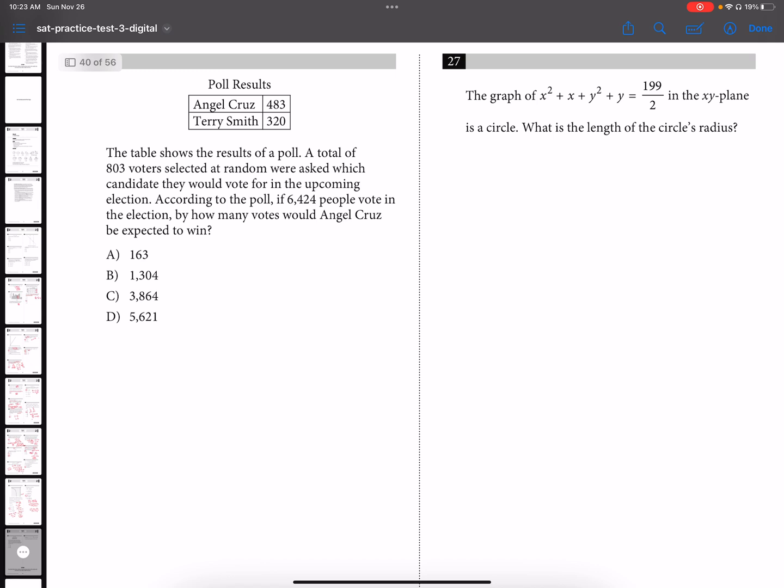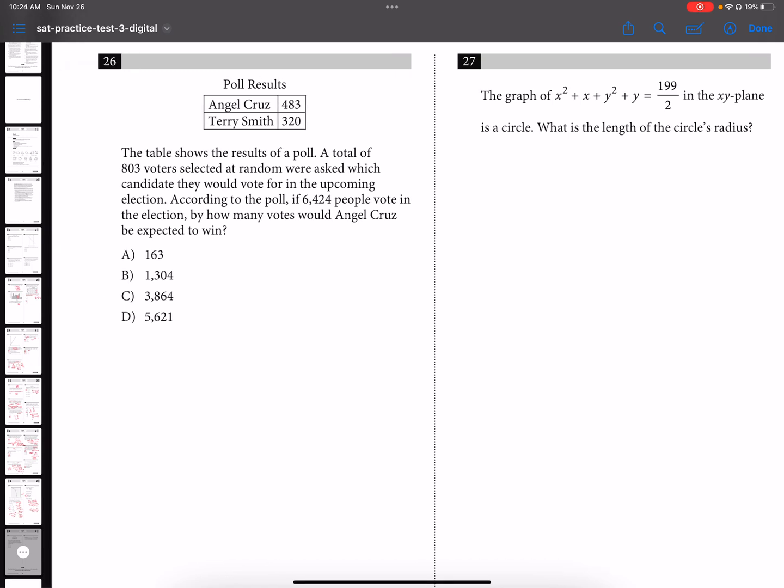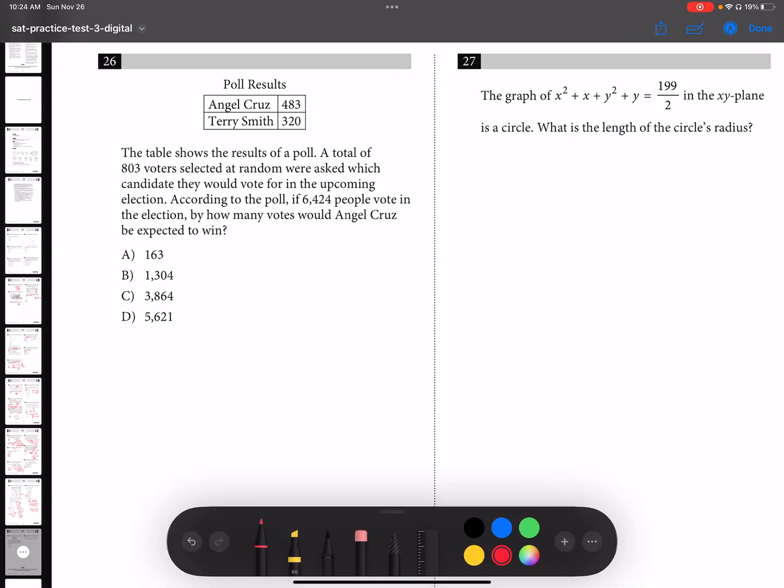Okay, 26. The table shows the result of a poll that totaled 803 voters. For this question, it's given that 483 out of 803 voters. If we add this, we have a total of 803. For Angel Cruz, we have 483 over 803. So the proportion of the voters in the poll would be 483 of 803 for Angel Cruz.